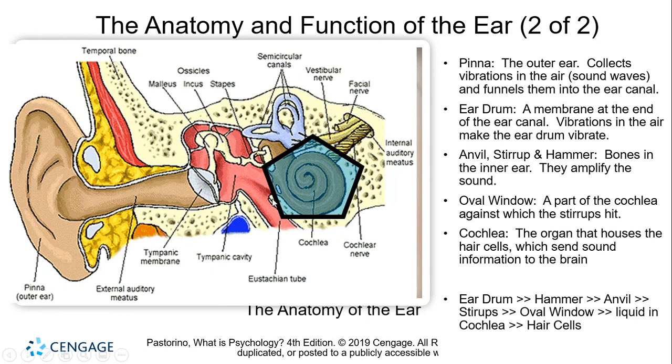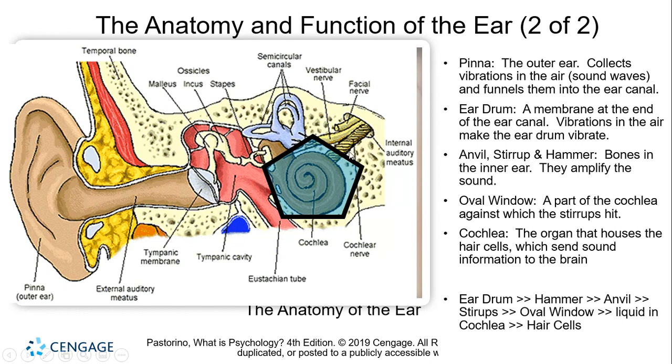Whatever information is collected is then sent out of your ear via your cochlear nerve. If your cochlear nerve gets damaged, then that information can't get out. So sometimes people will have a cochlear implant, and that will be attached to their cochlear nerve.